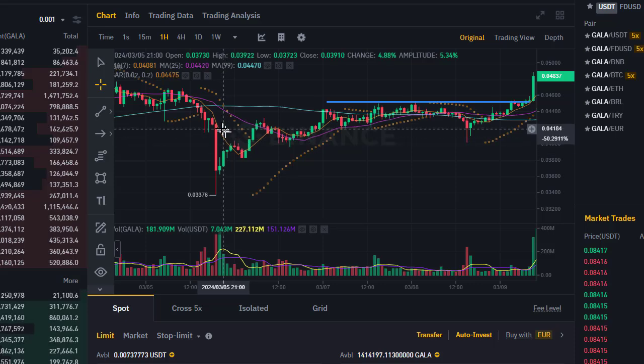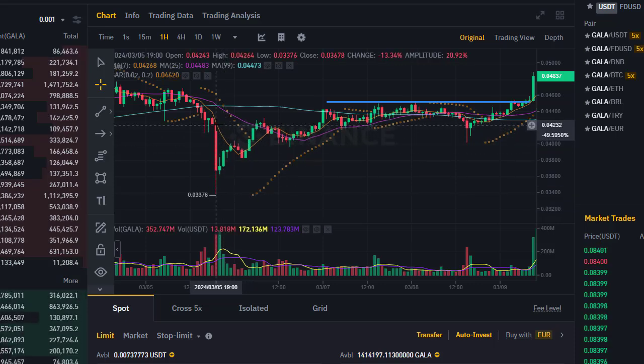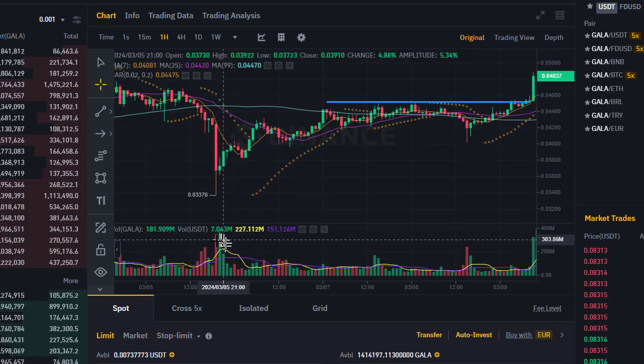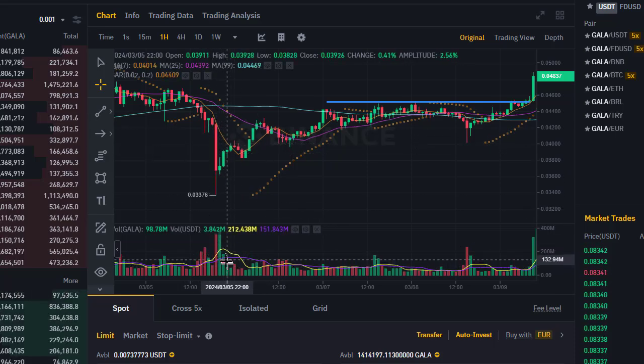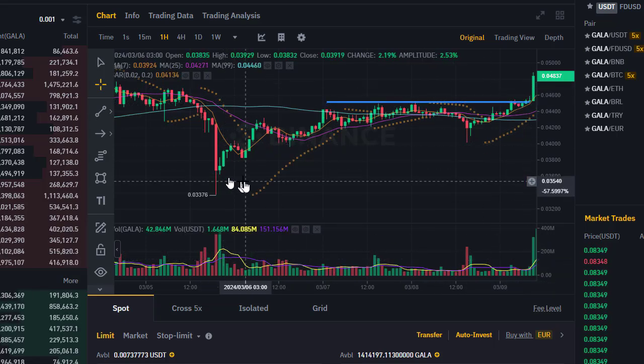Now, prior to that, you had this really massive downturn, which went from 42, I just put it into round figures, 42 down to 32. So it lost almost 25% of its value in 1 hour. So it shows how speculative this is, and you can see the volumes again below the chart were similar to the volumes of the pushing up.